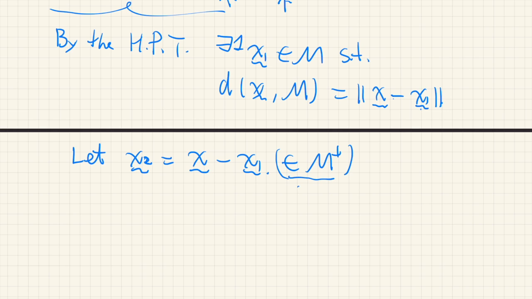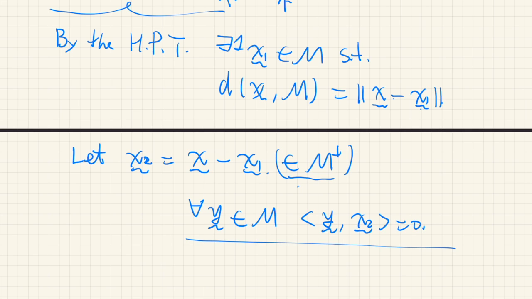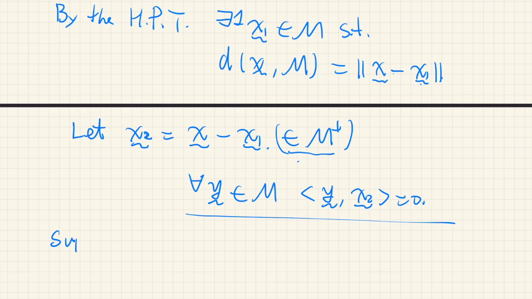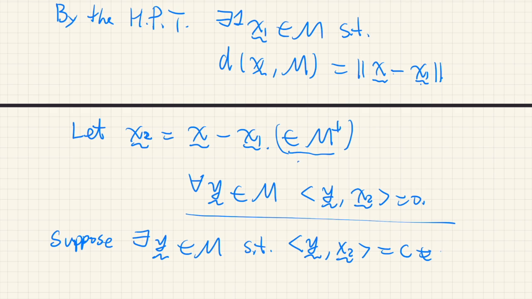To show this, we need to show that for any element y in M, the inner product between y and x2 is equal to 0. We show this by contradiction. Suppose there exists some y in M such that the inner product between y and x2 is some constant c which is non-zero.